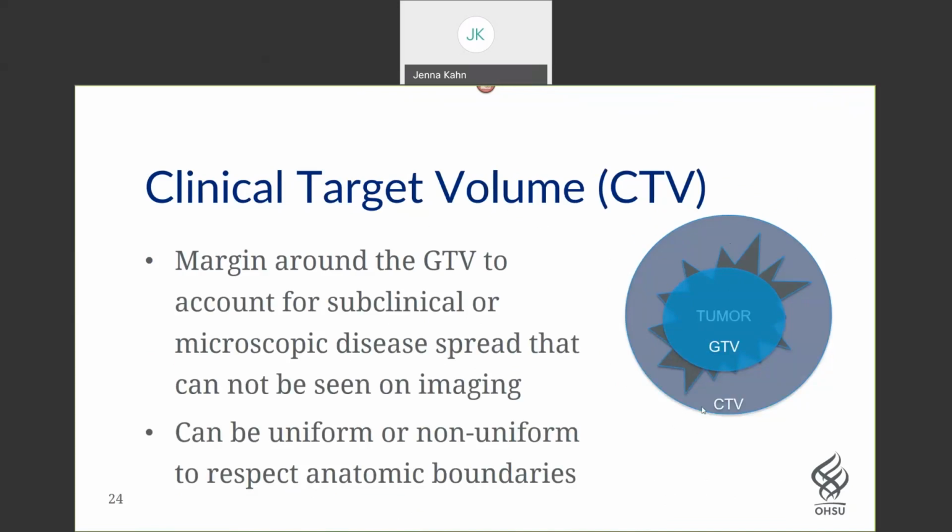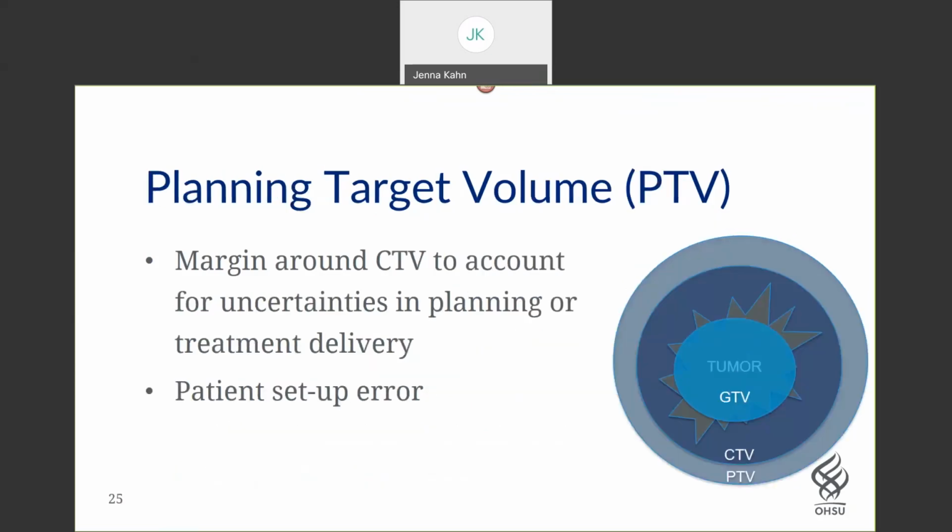The CTV, or clinical target volume, can be uniform or non-uniform as to respect anatomical boundaries, such as a lung cancer that's likely not going to leave the lung, or a brain cancer that's likely not to leave the brain. So we base that on anatomic boundaries.